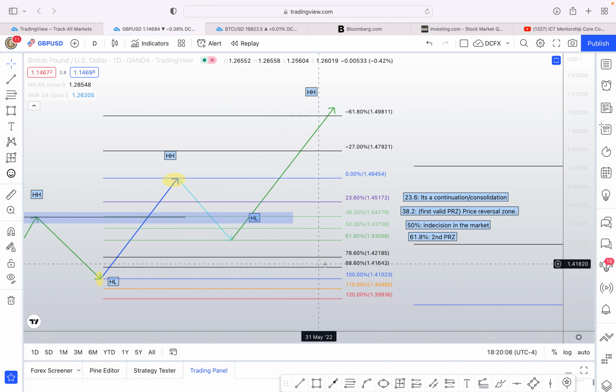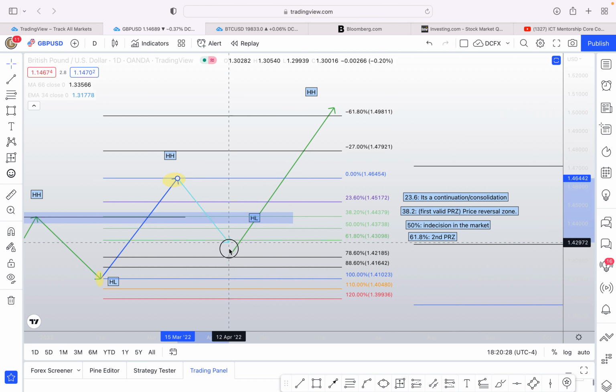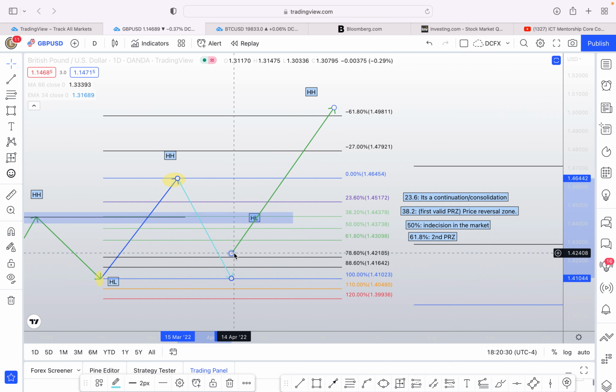Okay, and the same with the rest of them. 17.6 is the same thing as well. 88.6 is also another PRZ, and lastly 100%, which means the market came up, made a higher high, and then the retracement came all the way down to 100%. Okay.